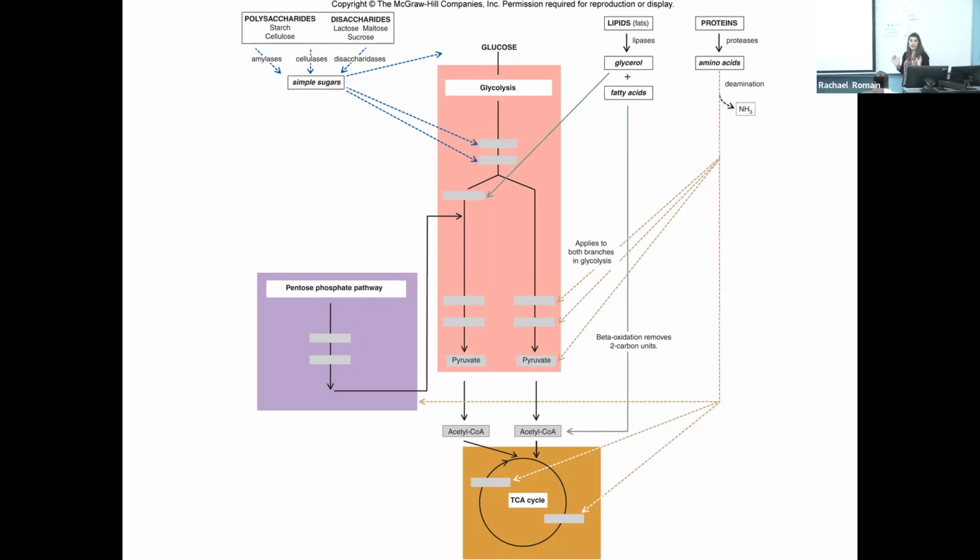You have to make ATP. So yes, glucose is the easiest starting material, but when you don't have glucose, you can use something else. I like this one because it's showing you on the left here how you can take polysaccharides or disaccharides and break them apart to their simple sugars. And then their simple sugars can feed into this process.